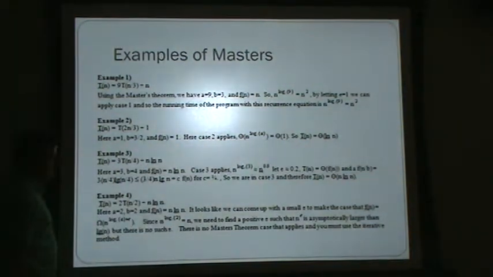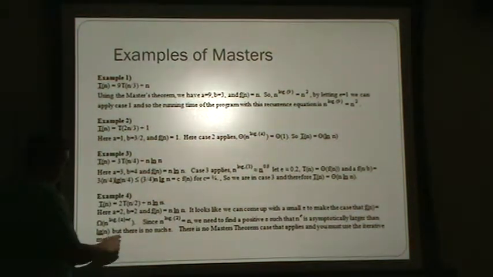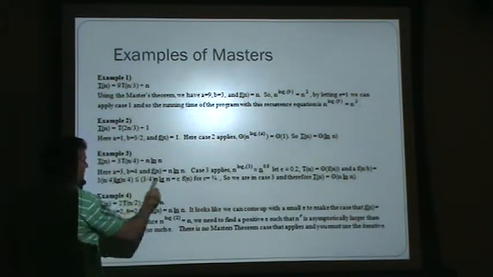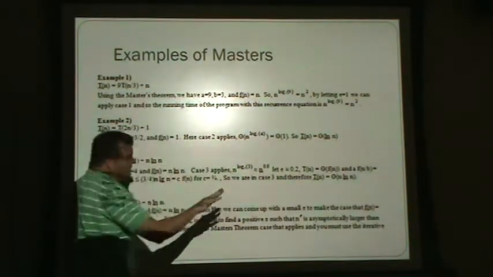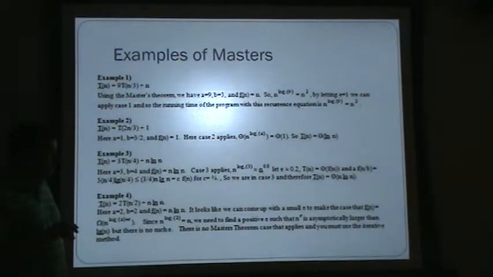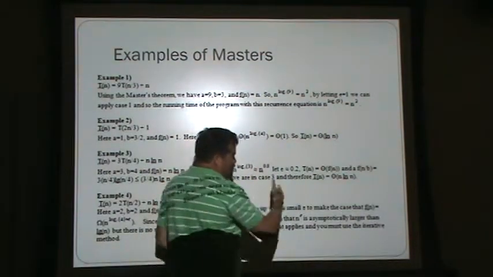log n. If we put it in case 3, we realize that n to the log base 4 of 3 is approximately n to the 0.08. It's not quite 1, which means we'd have to add an epsilon of 0.02 to get it to equal.